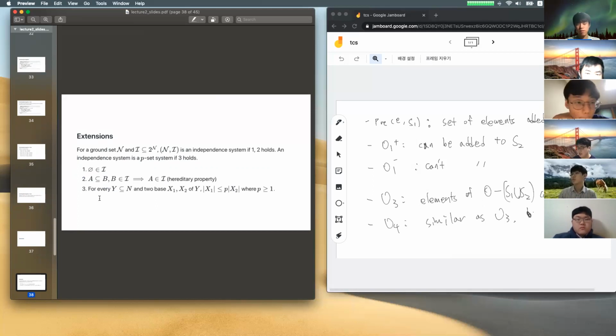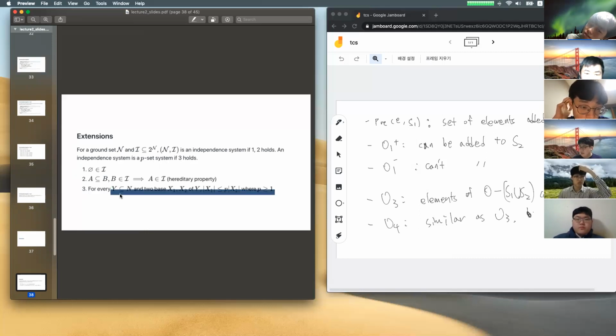But if we replace that property with one where the sizes of every two bases differ by no more than a factor of p, then an independent system with this property is called a p-set system.